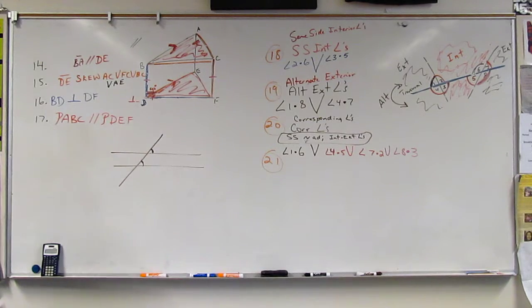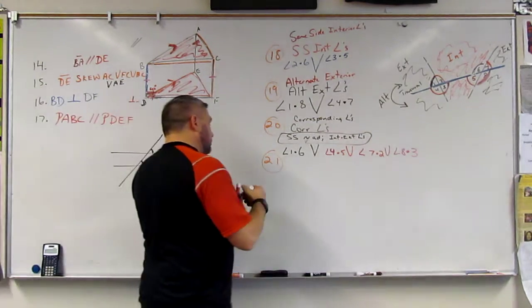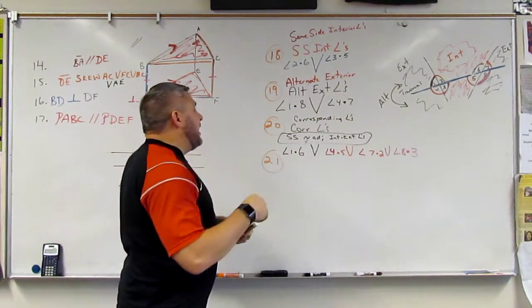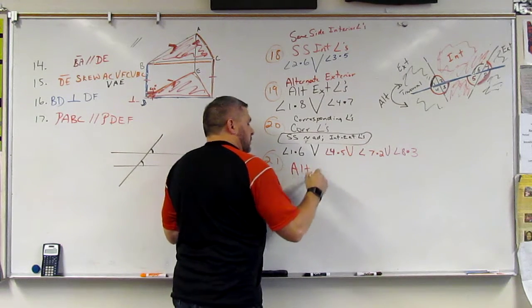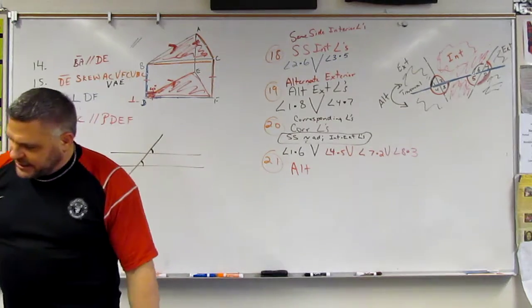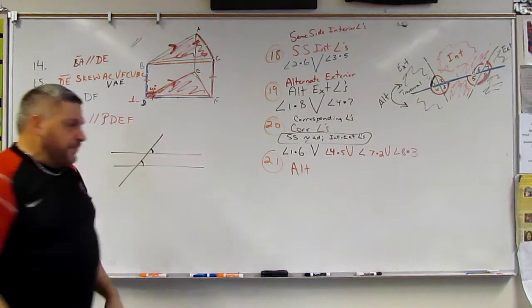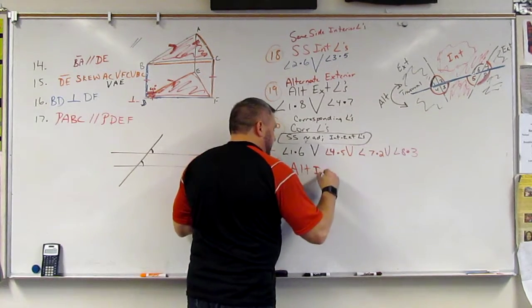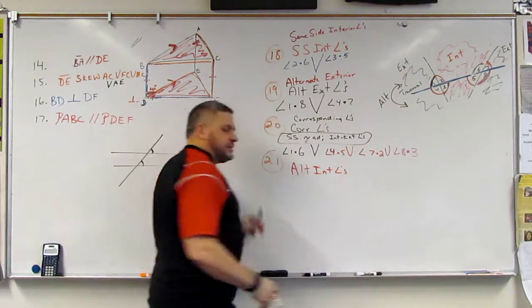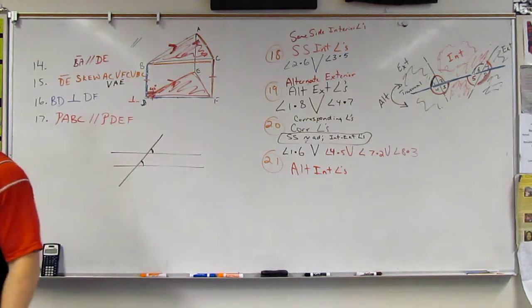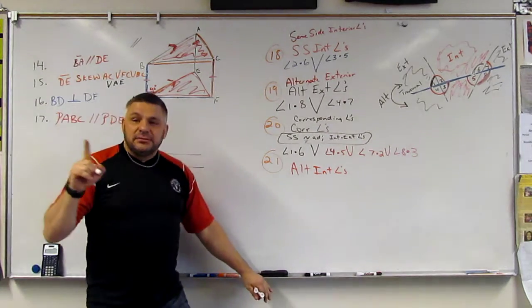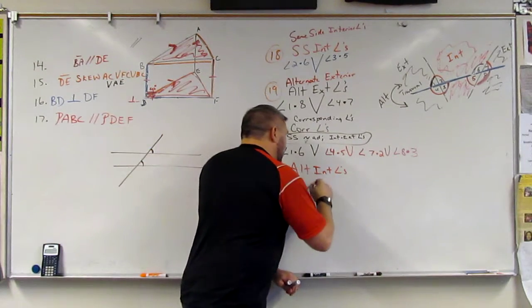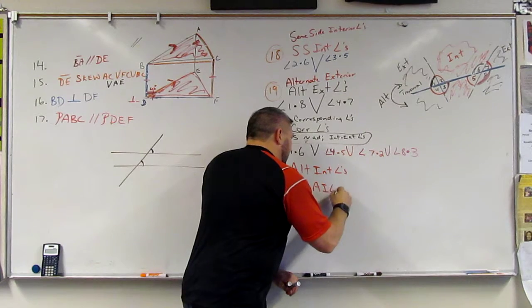Alternate interior angles. How many are getting the hang of this whole alternate? Did I say interior or exterior? Interior angles. This little symbology, right? Alternate interior angles. Now you could be as lazy, if you want, as to go AI angles.